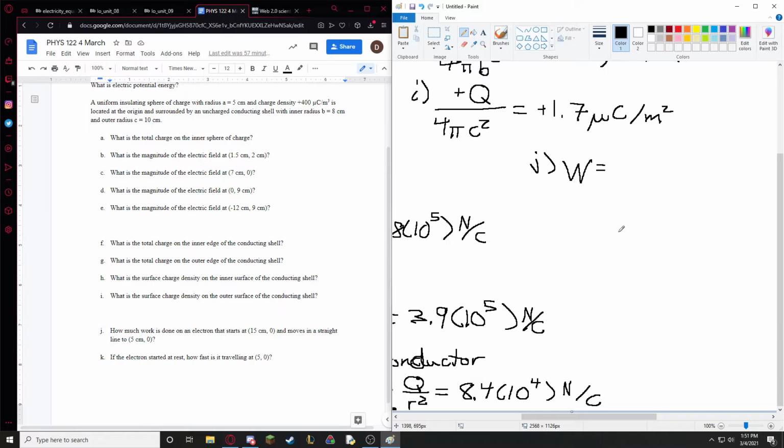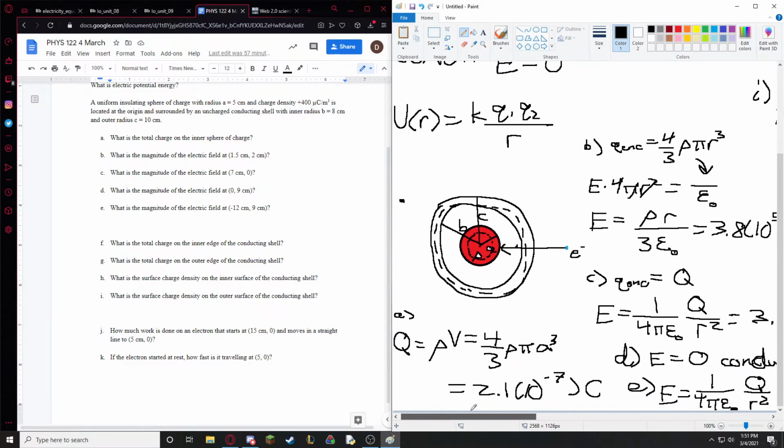It'll be the negative change in the electric potential energy. Yep, exactly. So work is going to be the negative change in our electric potential energy. So what is our electric potential energy out here initially?